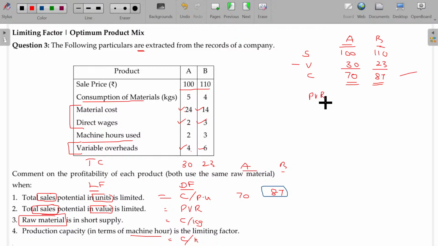Contribution by sales is 70 by 100, 70%, and 87 by 110, 79%. So 70% and 79%. If the sales value is the limiting factor, this time also you have to choose B only.